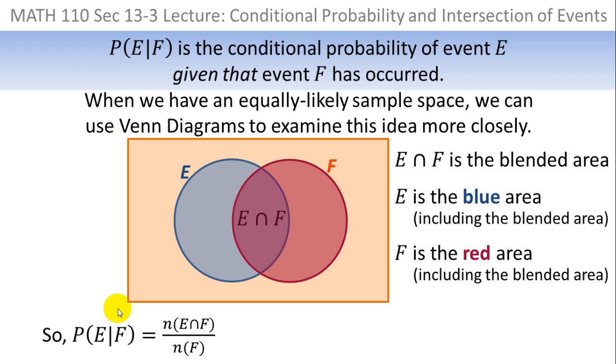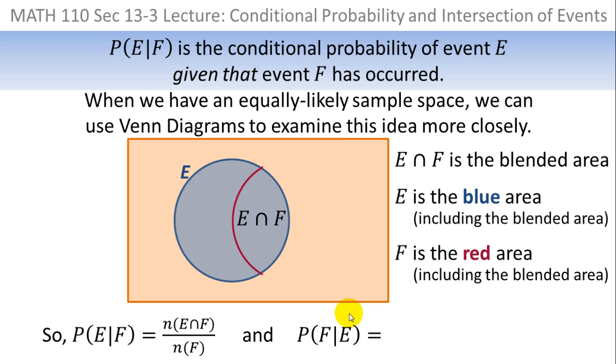Conversely, if I wanted to do it the other way around and look at the probability of F given E, now I'm saying that the event E has already occurred. If the event E has already occurred, I don't need to consider anything outside of the set E. So I could just forget about the circle F. Now I'm looking at the set E as my entire sample space.